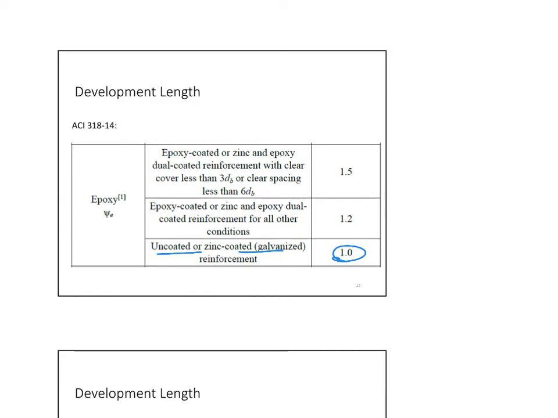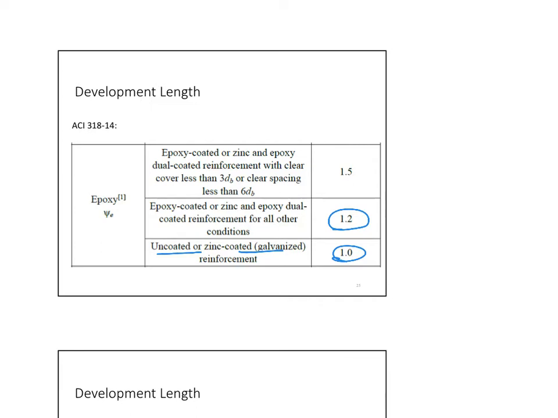If it is epoxy coated or zinc and epoxy dual coated reinforcement, for all other conditions it's 1.2. Zinc and epoxy dual coated means it is zinc coated and epoxy coated, which sometimes is used in very corrosive environments.